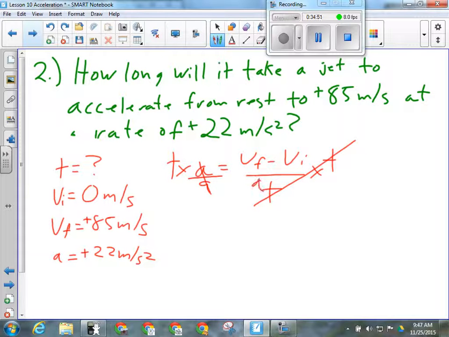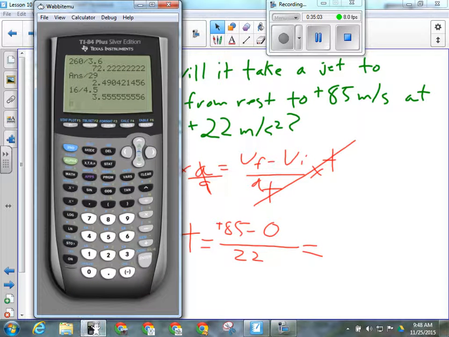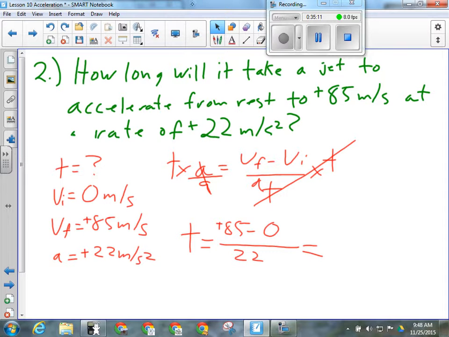All right, so I'm going to have vf minus vi over a equals t. So that's going to be 85 minus 0 over 22. Okay, so 3.86. 3.86 what? Seconds.